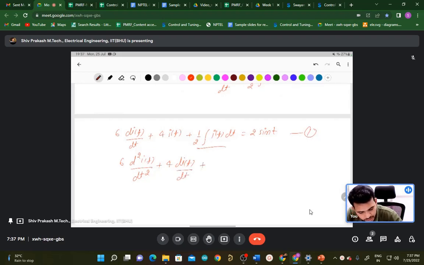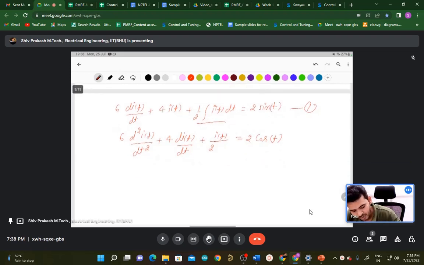Here the integral sign is removed and simply i divided by half is 2i. Differentiating the sine signal, you find a cosine signal. Multiplying by 2 throughout, you find 12 d2i/dt2 plus 8 di/dt plus i is equal to 4 cos t.